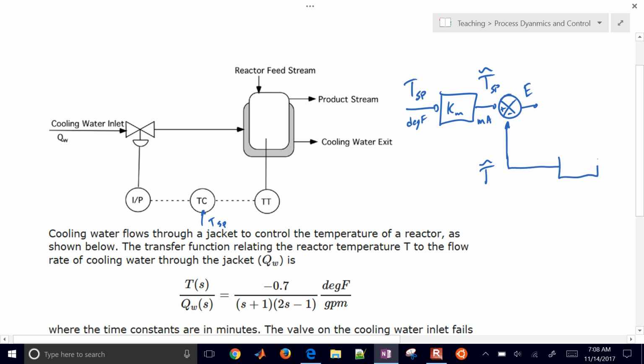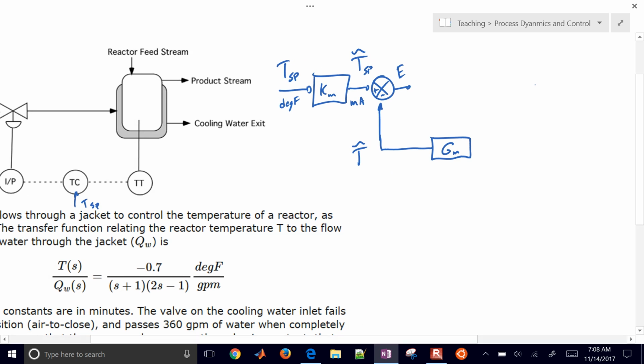And we get that measurement by having a transfer function between the measured value of temperature and converting that into a milliamp signal. So here's degrees Fahrenheit for my temperature, and I convert that into a signal, in this case a 4 to 20 milliamp signal.